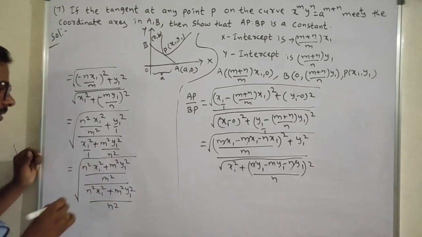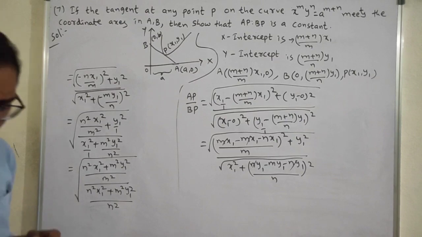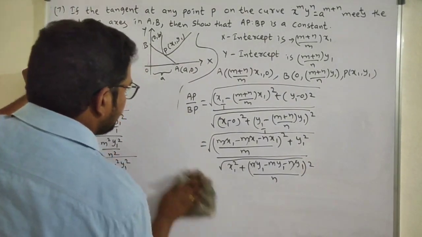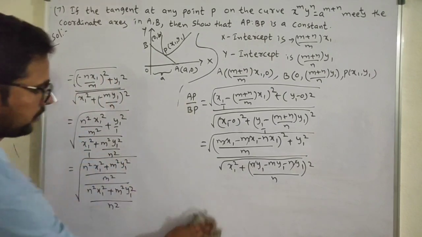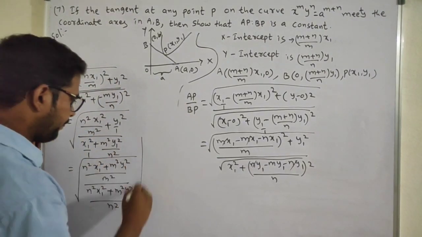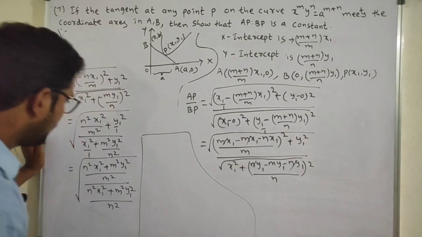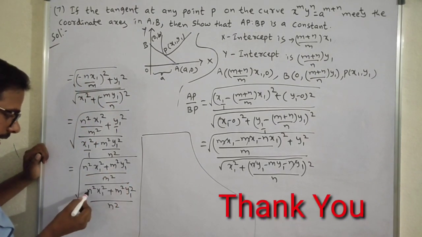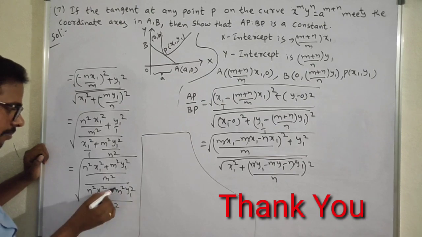Under root, total root. So how does it come out for us? Let's simplify a little. So this total will cancel. n square x1 square plus m square y1 square, and n square x1 square plus m square y1 square, both will cancel.